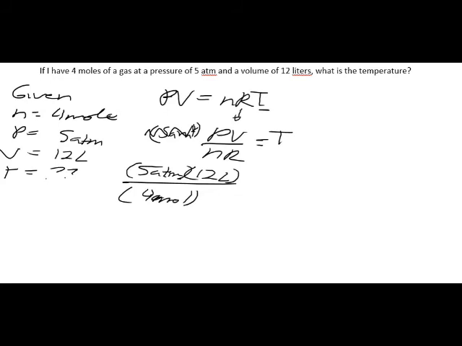So the ideal gas law is, just give me 1 second. So it's 0.08 liters atm over mole times K. So the value of R is 0.082.